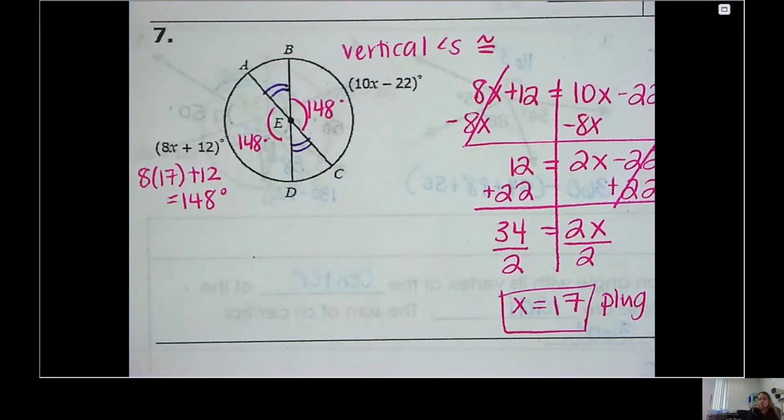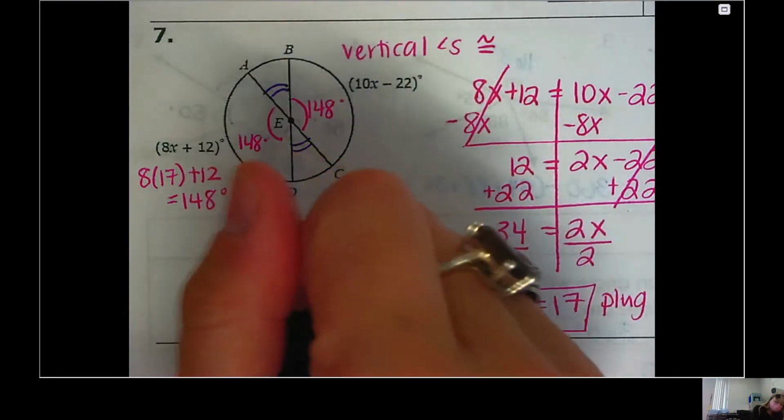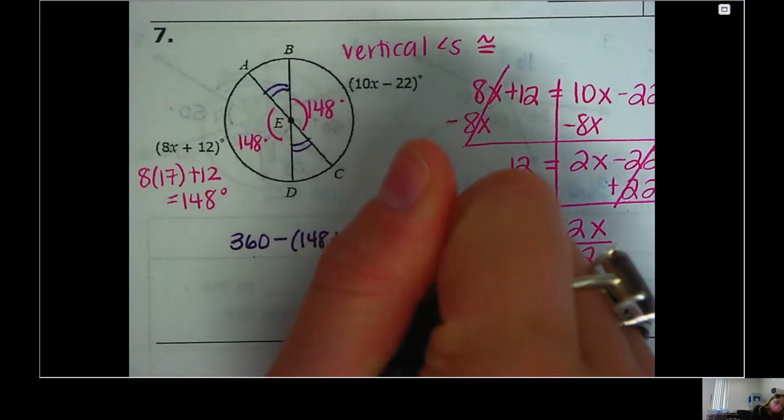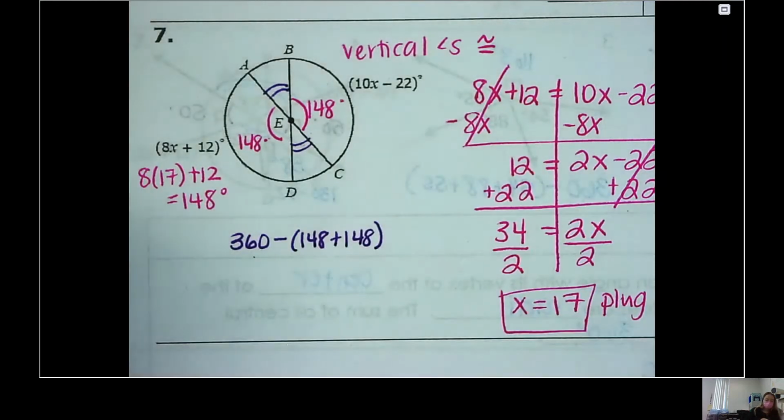Subtract what? Subtract both of them from 360 and then divide by 2, because there's 2 of them. Exactly. So I'm going to take 360 minus 148 plus 148. 296.